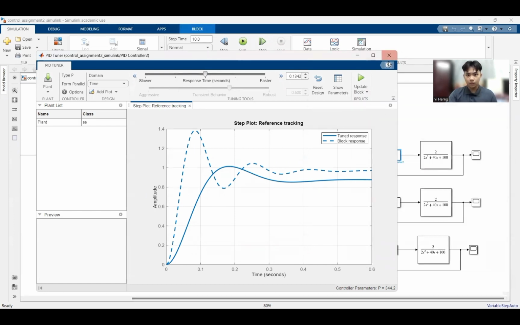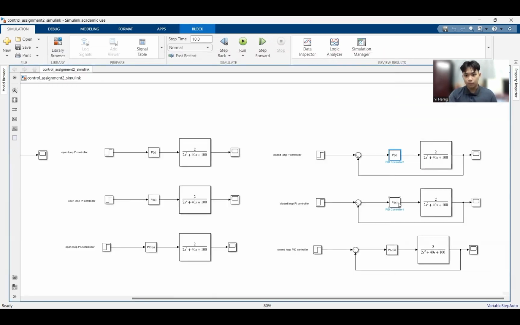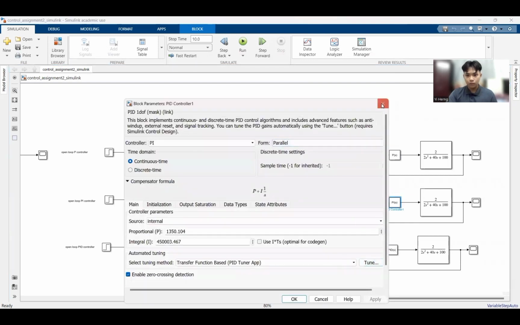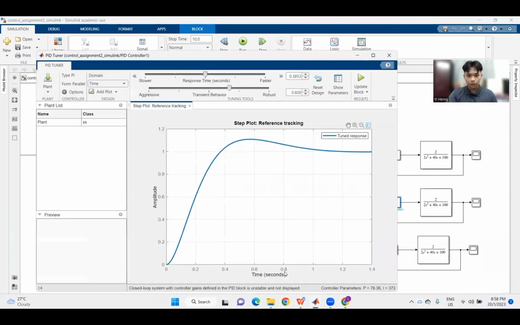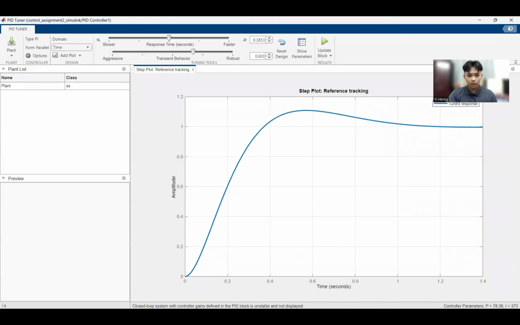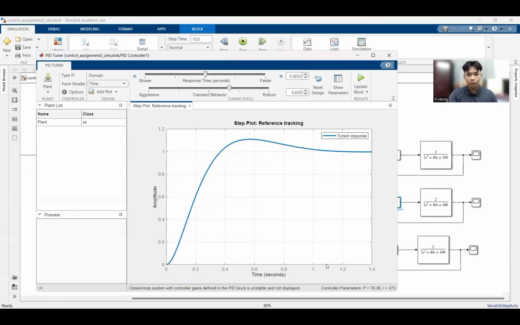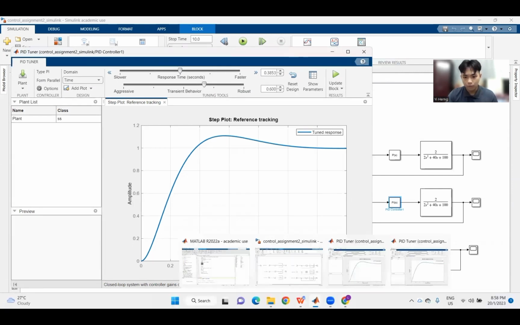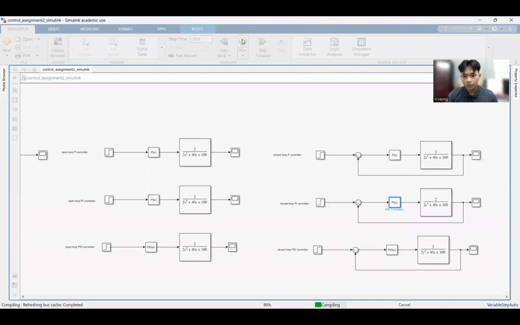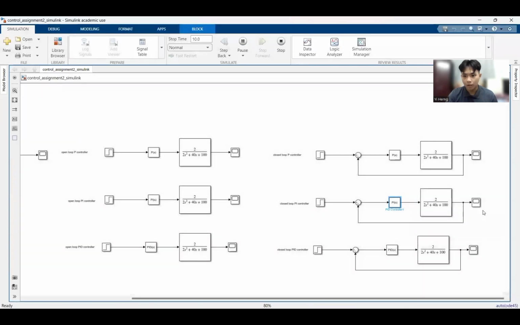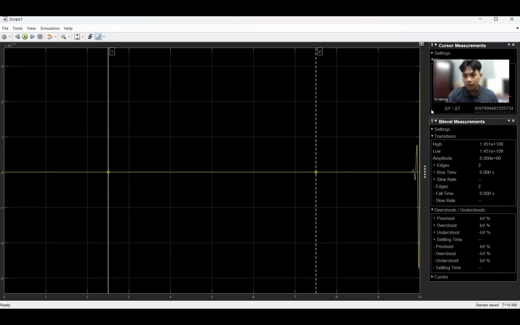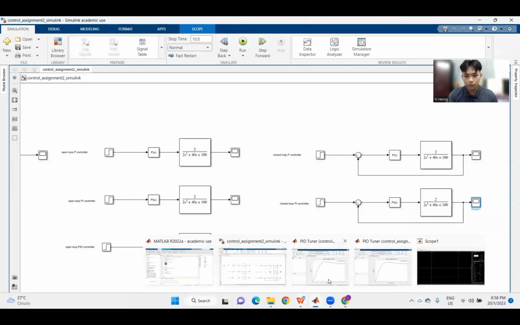Next is the PI controller. The same, click here, tune. It shows the result in this graph. In this case, it states that the closed loop system with controller gains defined in the PID block is unstable and cannot be displayed. On the previous graph it is unstable, so it becomes stable when we tune it.